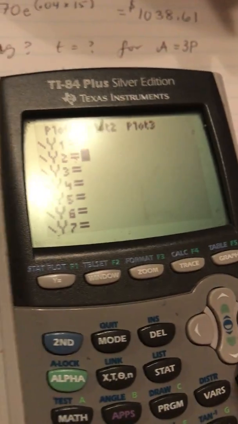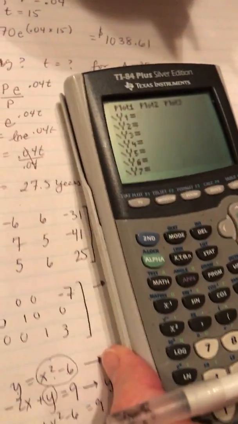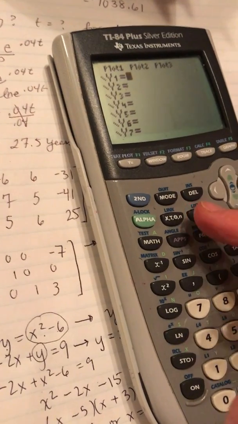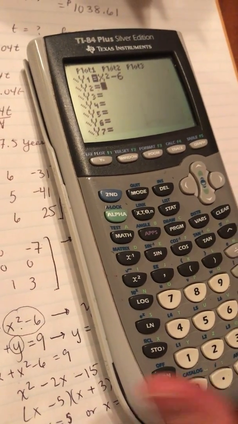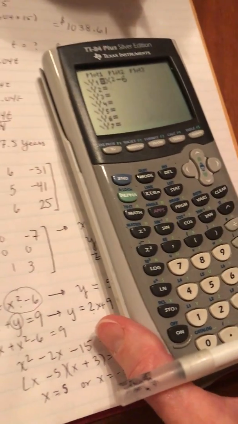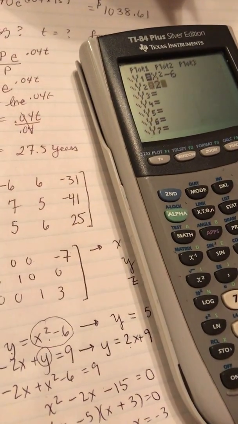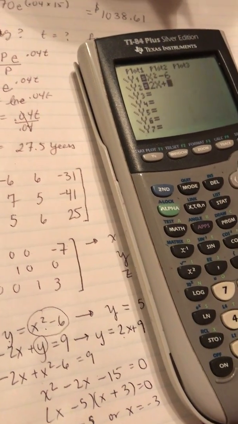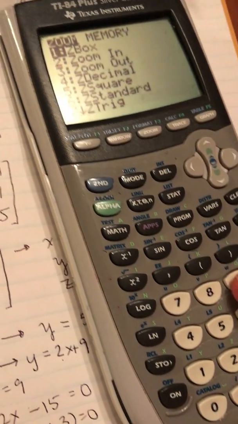Clear out what's in there. And y1 is going to be x squared minus 6. And y2 is going to be, cats are at it again, 2x plus 9. And let's go with a standard window, zoom 6.